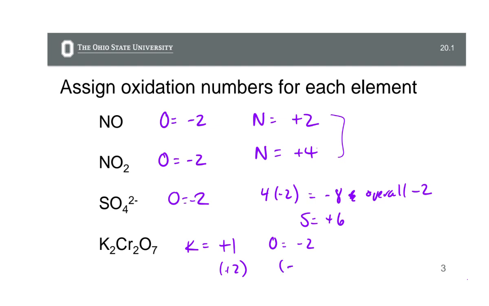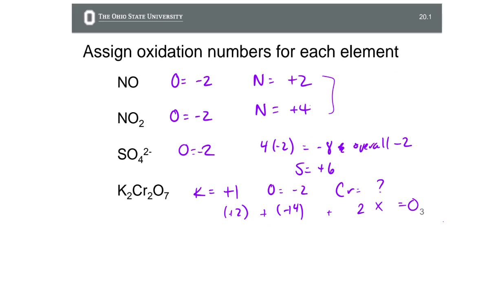So that's -14. And then we have chromium, which we don't know, but there's 2 of those. And they all have to sum up to 0. So I'm going to have +2 plus -14 plus 2x equals 0. And what does that mean x has to be? So chromium has to be +6.